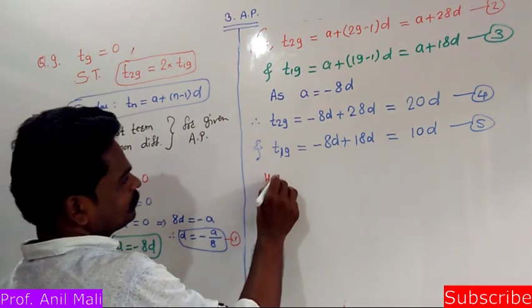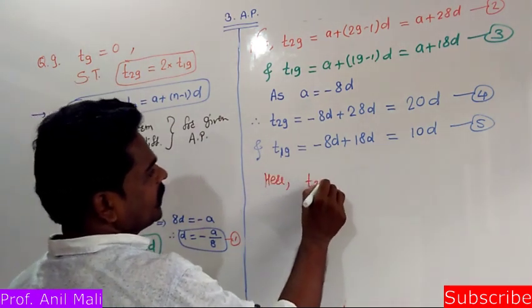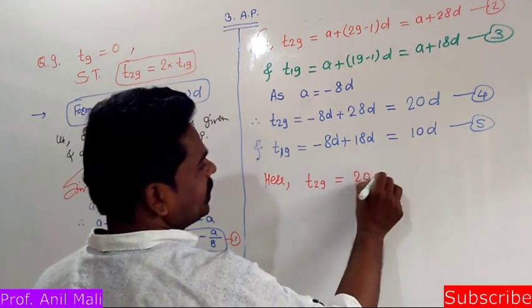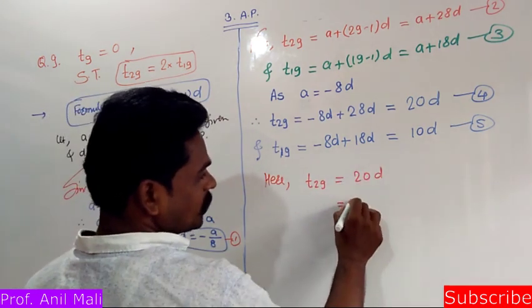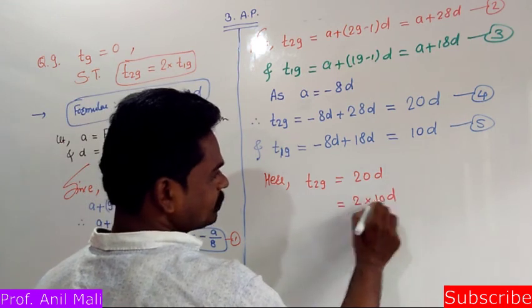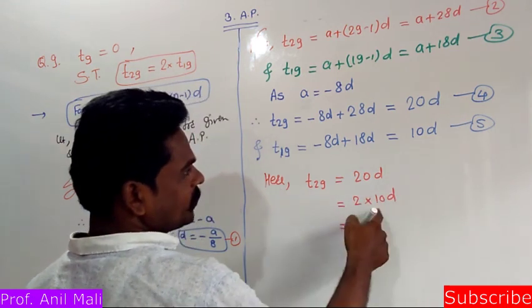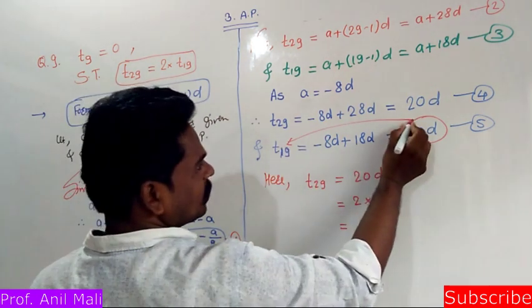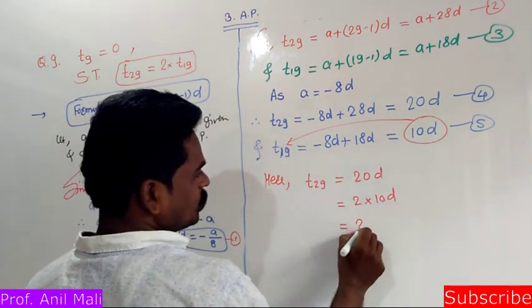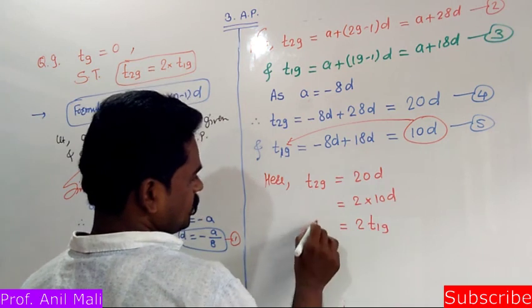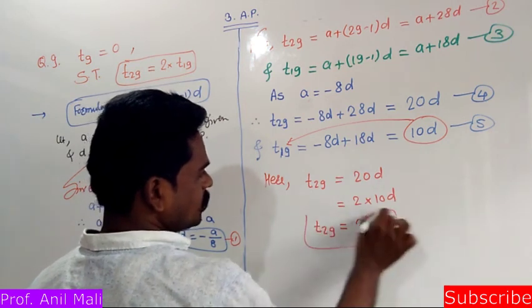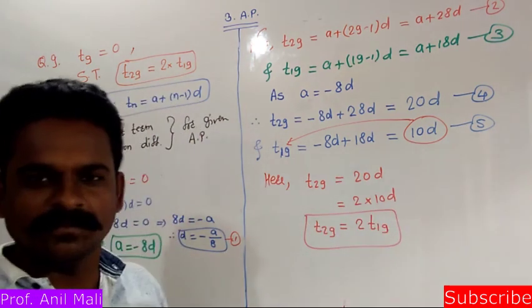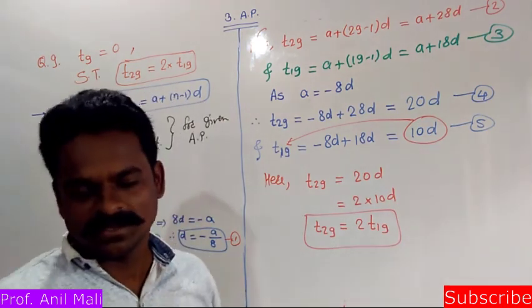T29 is equal to 20D, which is equal to 2 into 10D. But 10D is T19. So T29 is equal to 2 times T19. Finish. That is your problem.